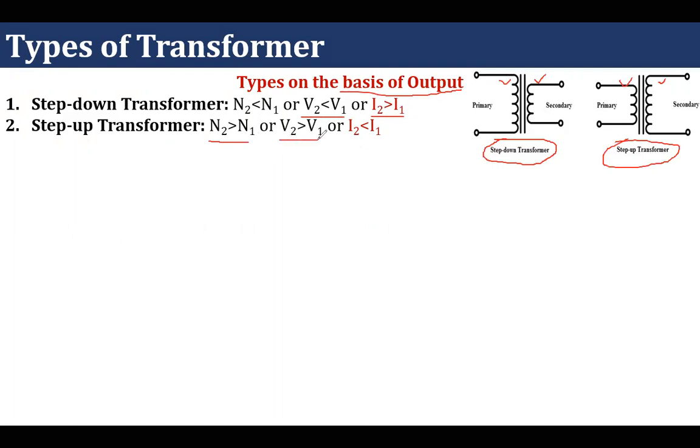Secondary voltage will be greater than primary voltage, and current will be just reverse. Secondary current will be less than primary current. Okay. This can be justified with the help of the transformation ratio. We'll come to that point in a coming lecture.